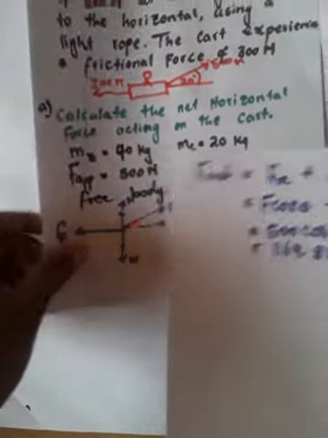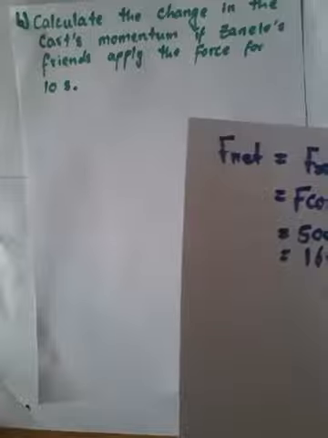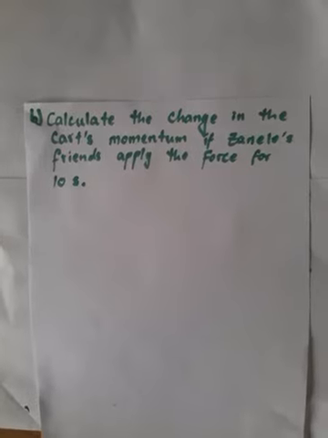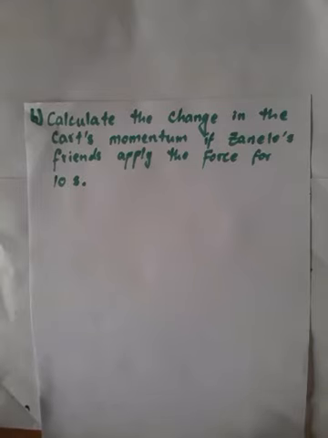So let's move on to the next question. The next one says, calculate the change in the car's momentum if Sun and L's friends apply the force for 10 seconds.